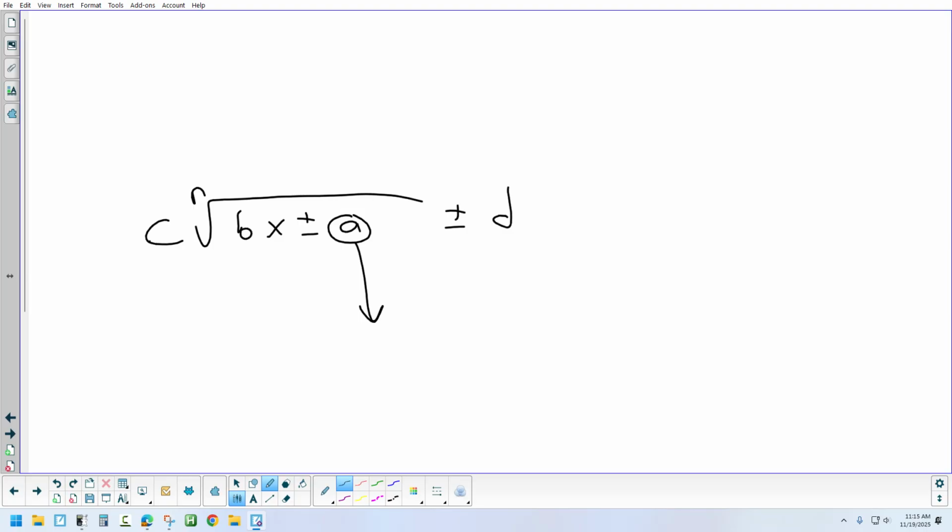That's horizontal. Now we have to be careful with anything that's horizontal. Plus would move your graph which way? Yep. To the left. And negative would move to the right. Okay, so A is a horizontal shift.